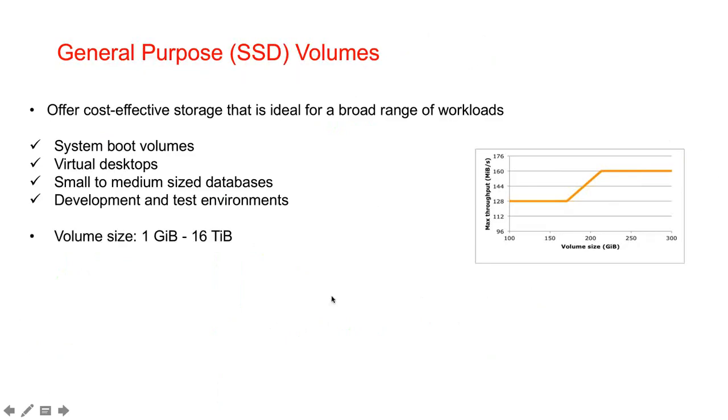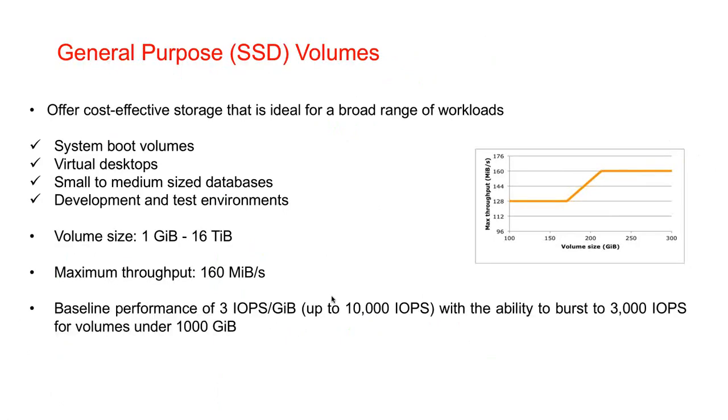The volume size scales from 1 gigabyte to 16 terabytes. The maximum throughput is 160 MB per second. The baseline performance you get is only 3 IOPS per gigabyte. This is the baseline performance, and the maximum IOPS that you get is 10,000.